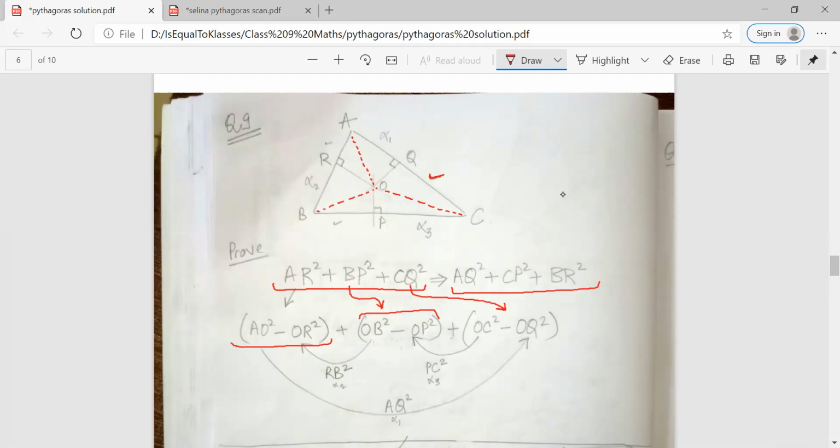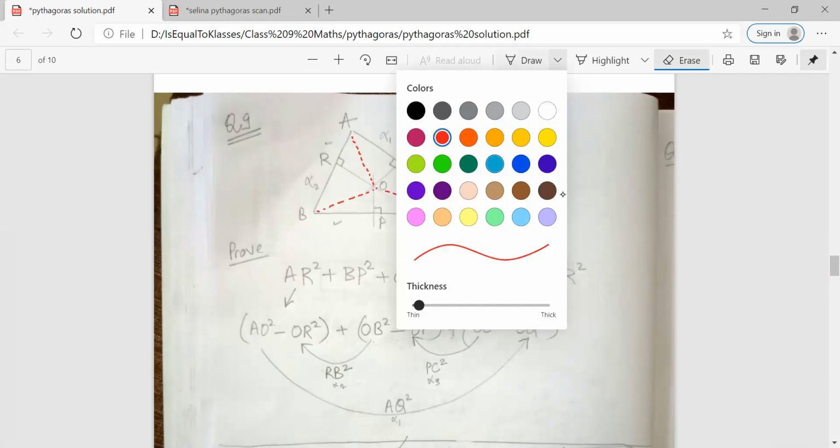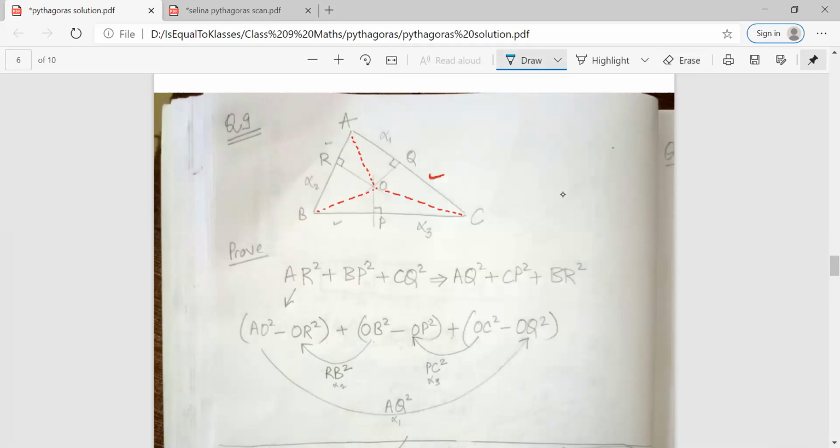Now, once I have written this, then again I need to look at my right hand side and understand what do I have and what do I want. So when I look at the right hand side, I understand that AO square minus OQ square, this square minus this square would be my AQ square. Any doubt? No, sir.